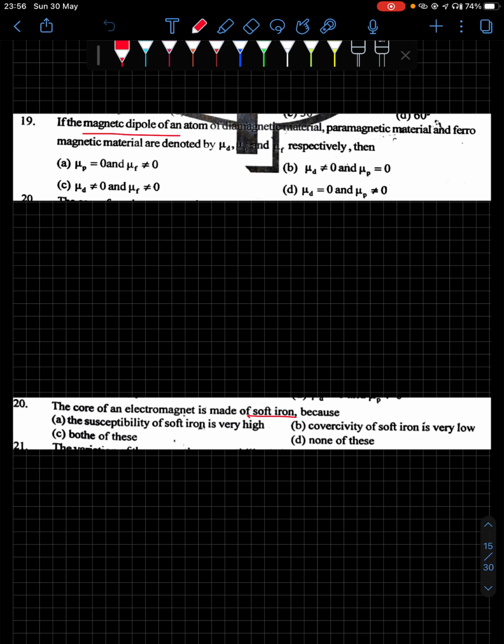Therefore, the answer will be option number D: diamagnetic 0 and paramagnetic non-zero.